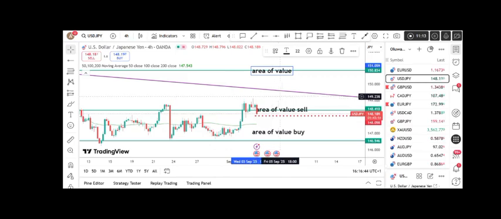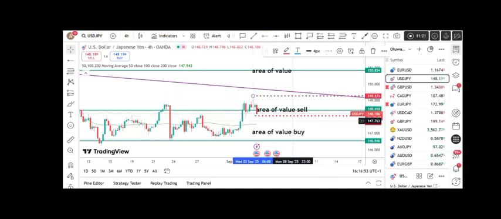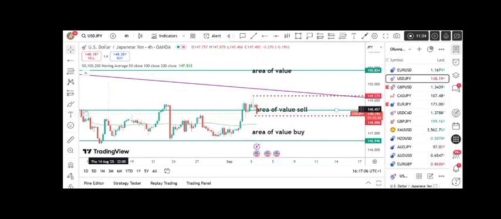If you are selling, you can leave the trade when the price breaks out from this area to this place. This can be your stop loss, SL.